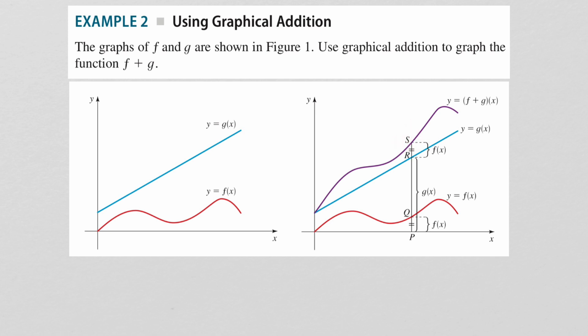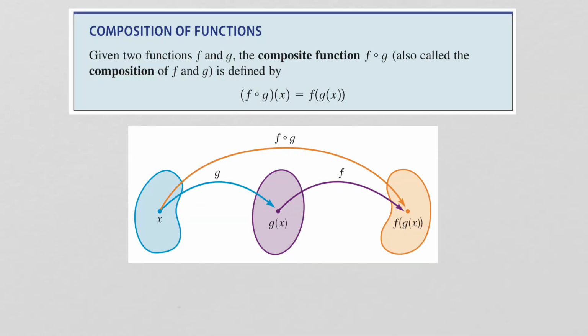And you can see that if you do that all the way across, you will get this new graph, f plus g. Now, this is a tedious way to graph the sum of two functions, but you should understand that all you're doing is adding the corresponding y values. Now let's move on to the composition of functions.